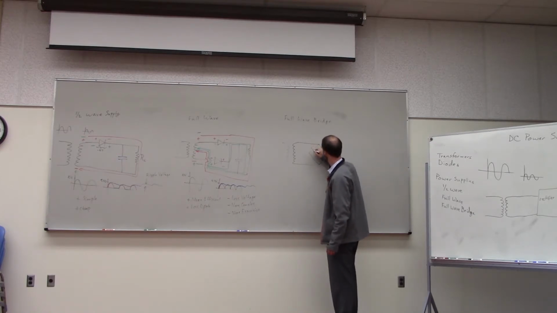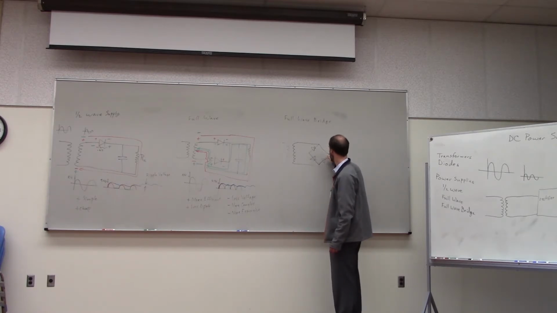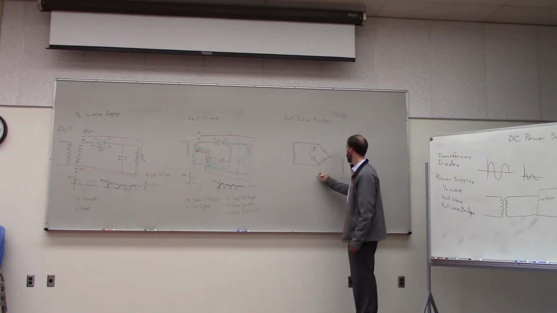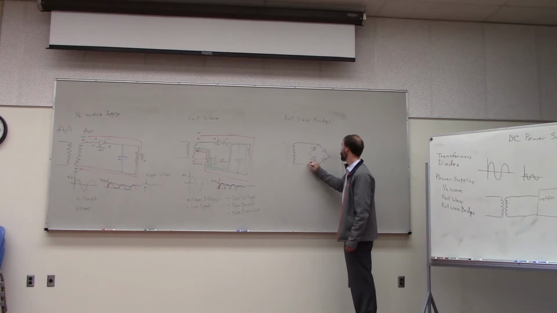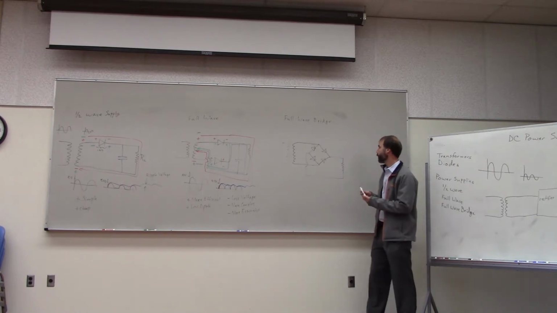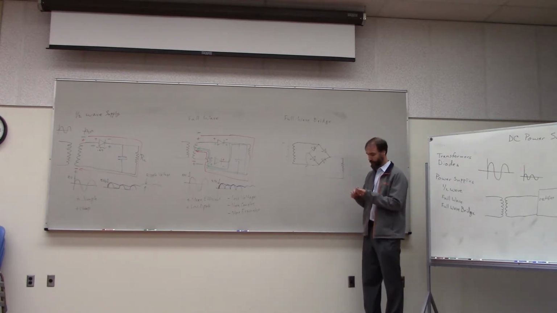And then we have 4 diodes that work together. Does that have the same type too? No, this one does not have the center-tap transformer. So in this case, the load resistor is over here. All right. So this is what a full-wave bridge supply looks like.